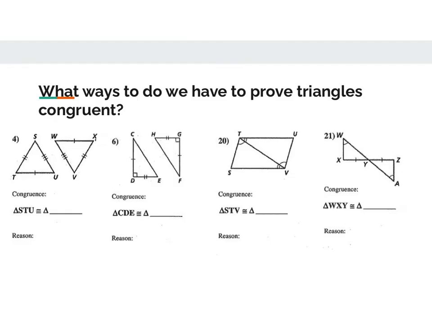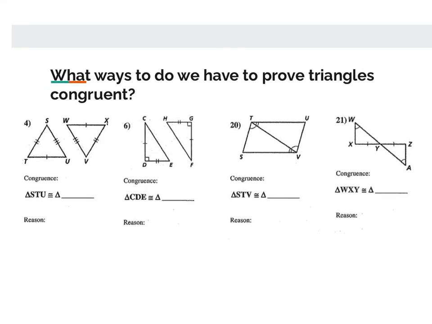Okay, let's take a step back here and think about the different ways that we have to prove triangles are congruent. If we look at number 4 here, we have side, side, side.